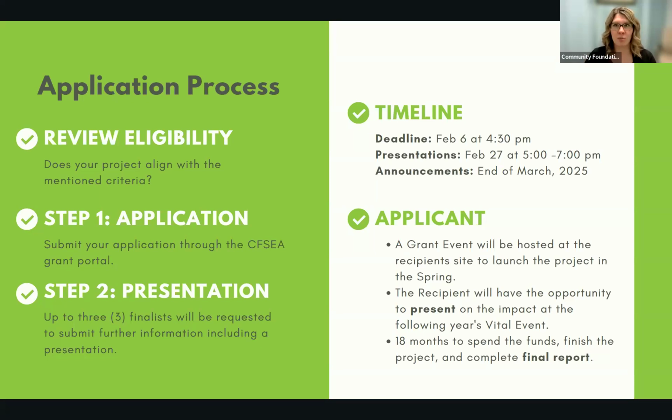Others of you want to just dip your feet in and figure out what this is all about. If you want to meet with me and talk through, maybe you have a few ideas or a few options, let's chat about that. But the first step is really making sure this project aligns with this grant in order to make your time worthwhile.